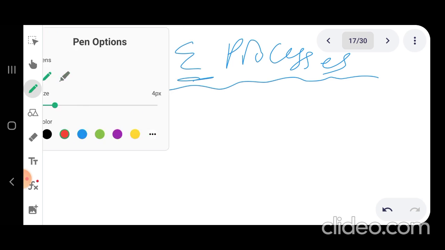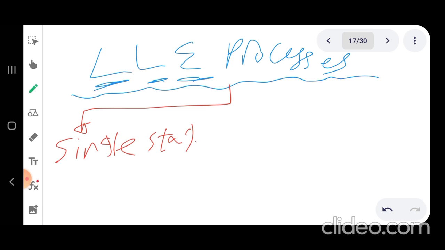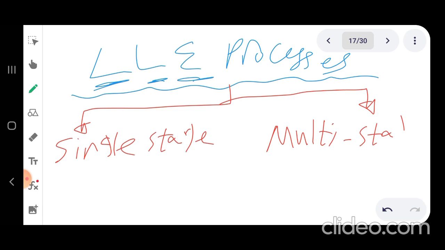We have many types, but mainly we are going to focus on two types. The first type is single stage liquid extraction, and the other type is multi-stage liquid extraction.